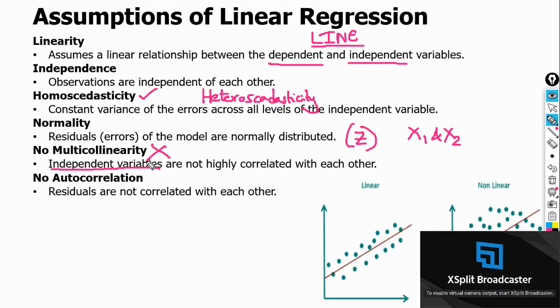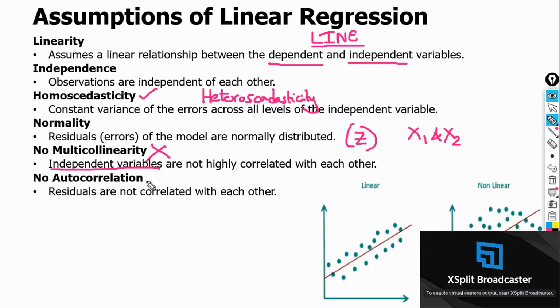This should not be present. That is the assumption, right? The assumption says no multicollinearity. All the independent variables should not be correlated. If they are correlated, that means we face a multicollinearity issue and we are supposed to overcome it.